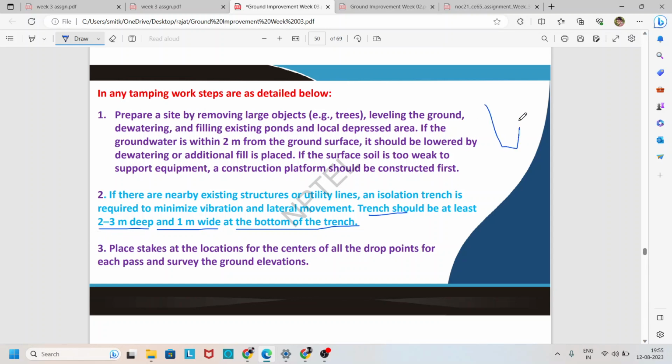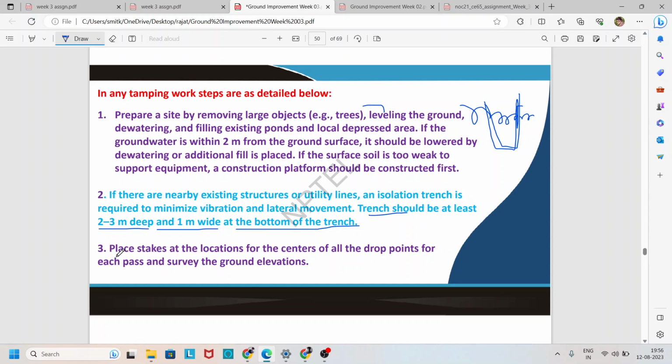Why is it needed? Because we reduce the vibration by that. That means we disconnect the ground there by digging the trenches, so the vibration energy is not transferred to the structure.